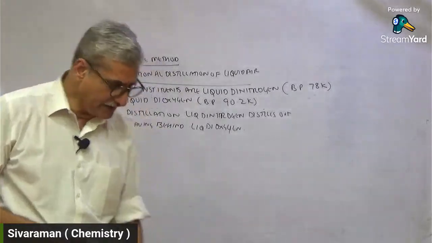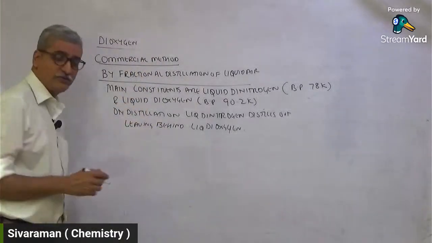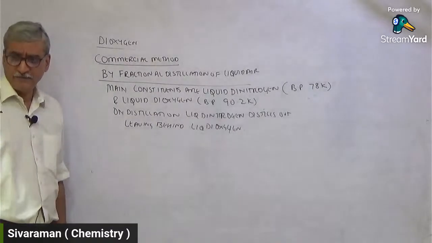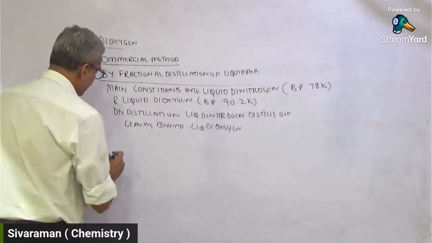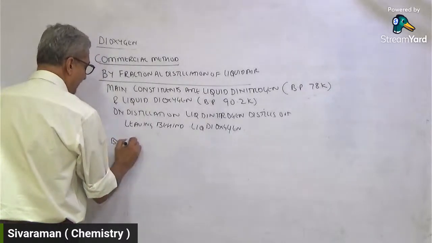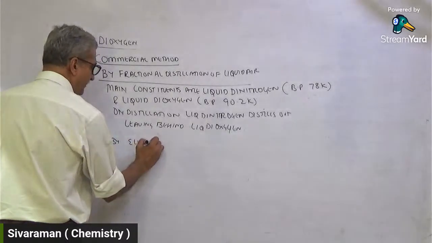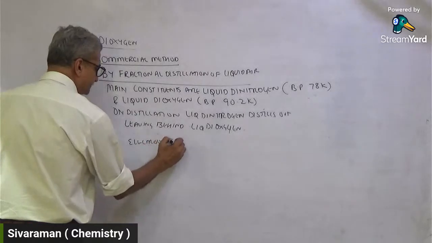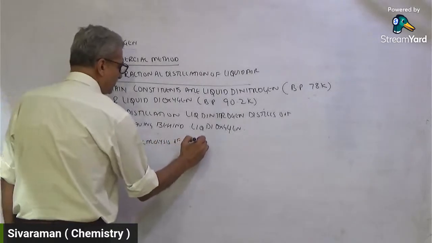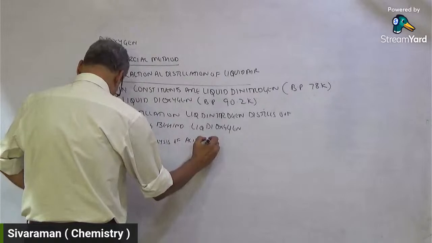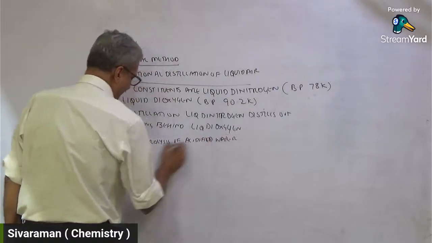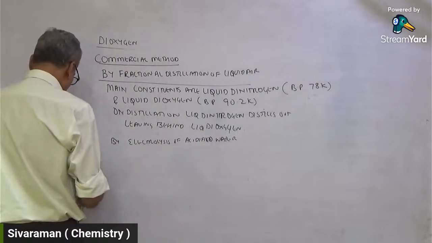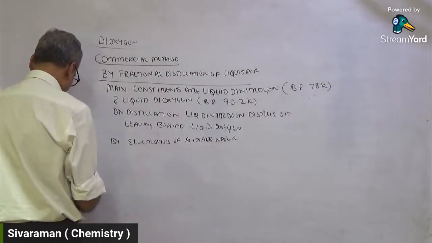Then the next, obviously, now we are planning all hydrogen powered trains and cars and all that. So the next method is by electrolysis of acidified water. Electrolysis of acidified water gives you what?